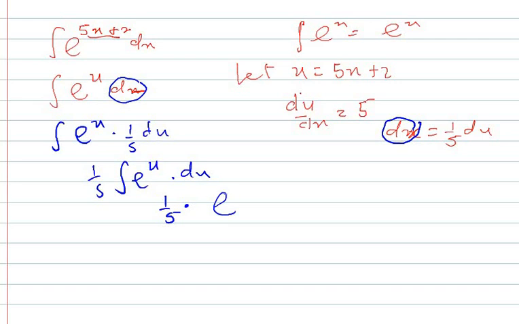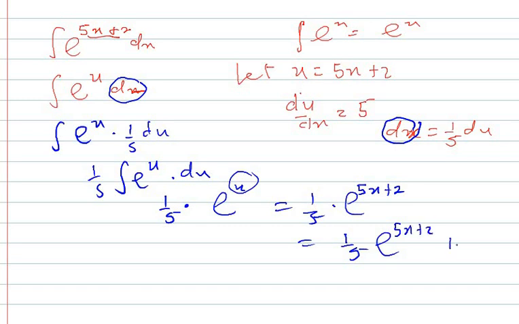Our 1 over 5 remains, then our exponential remains, and our u is equal to 5x plus 2. So we have 1 over 5 e to the 5x plus 2, then plus c, our constant of integration.